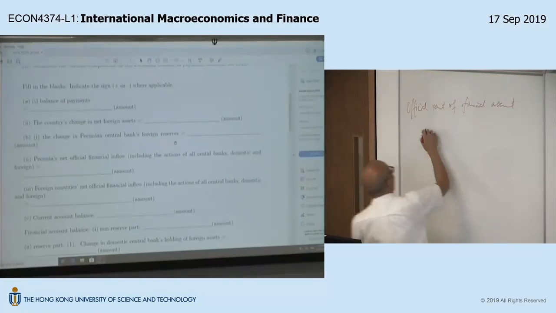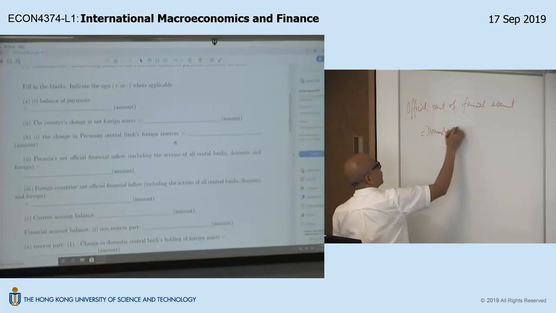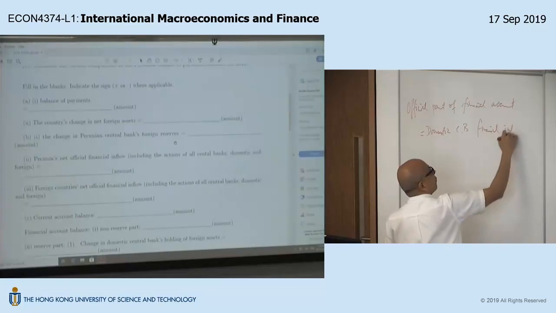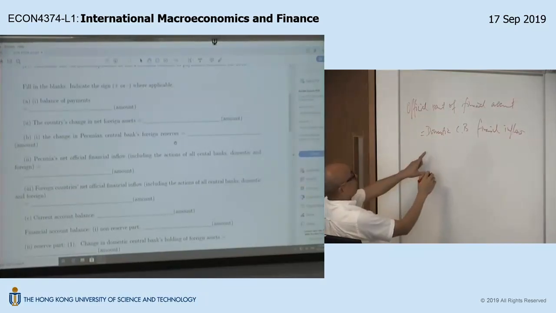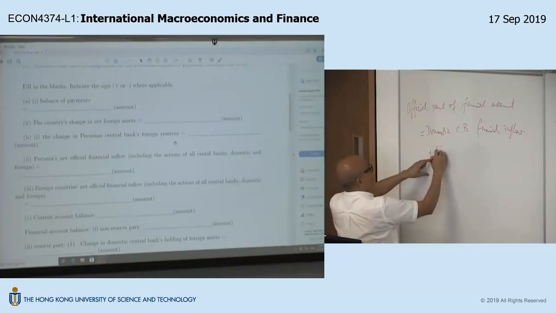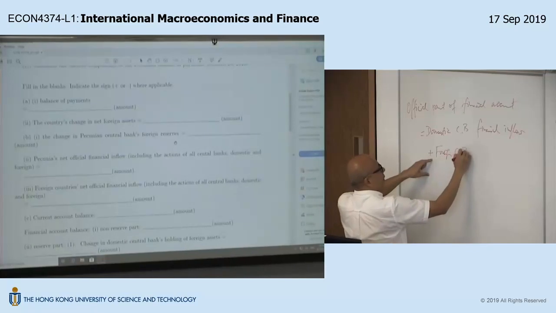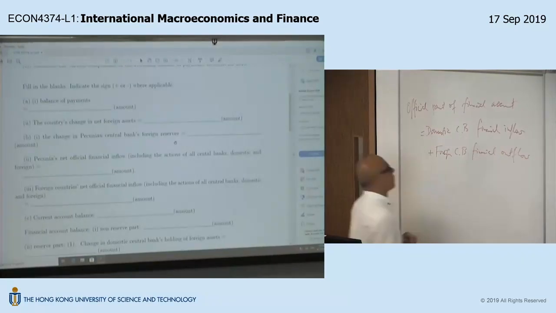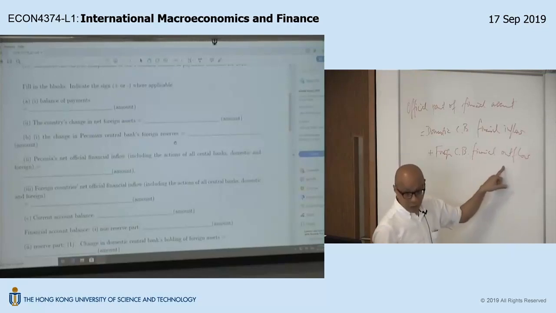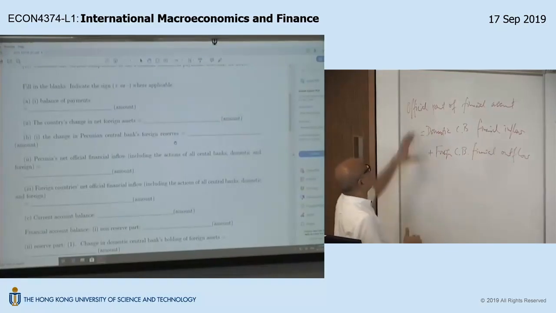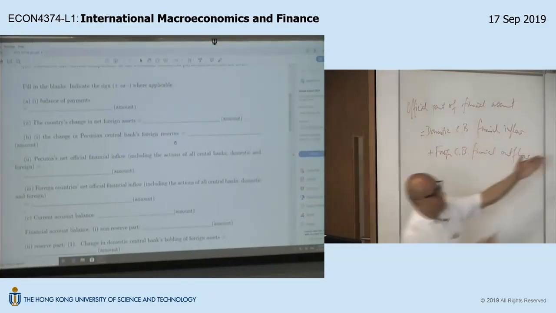So it has to be domestic central bank financial inflow, plus foreign central bank financial outflow. Okay. When I say foreign central bank financial outflow, it means our inflow. Okay. So these two should be the official part of the financial account, which is this part.